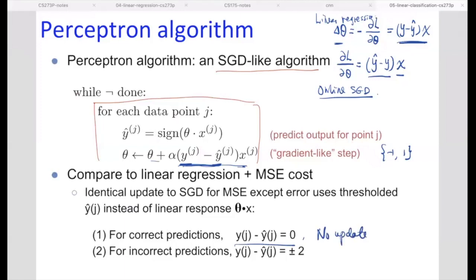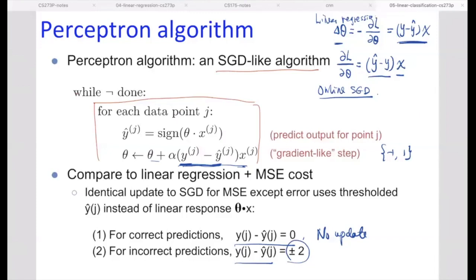And then you only change it when the residual is not 0, which means it can be either +2 or -2. Keep in mind that in this case, both prediction and target value can only be -1 or +1. So the only choice for the difference between them is +2 or -2. For instance, if your target value is 1 here, but you predict -1, then this residual will be +2, right?